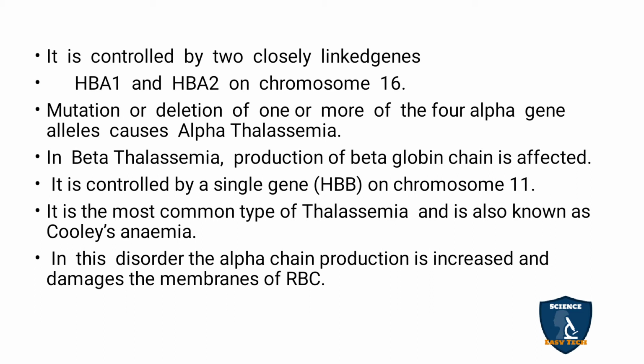The most common type of thalassemia is Cooley's anemia. In this disorder the alpha chain production is increased. So, if the beta globin is affected and alpha chain production is increased, that leads to the RBC membrane, the outer layer of the RBC, also being affected.